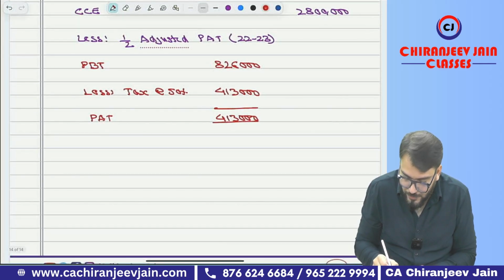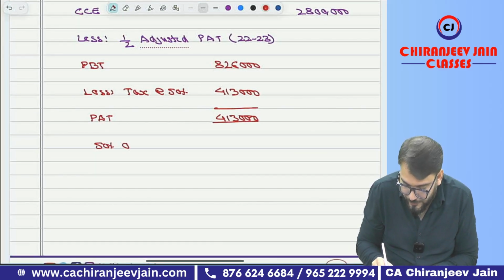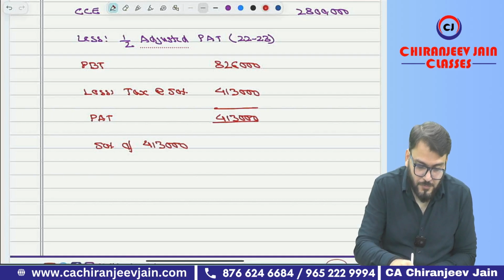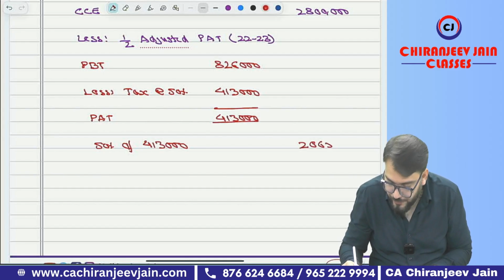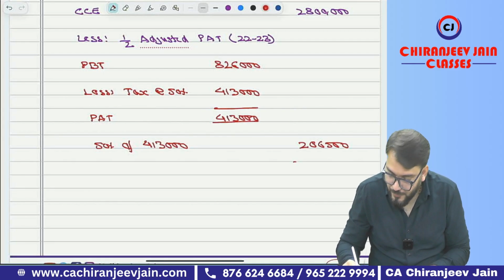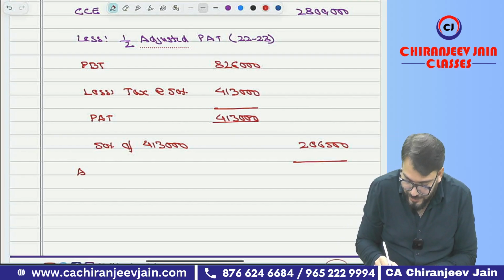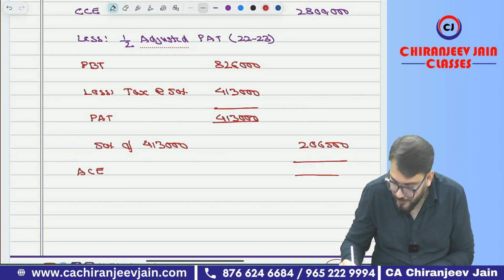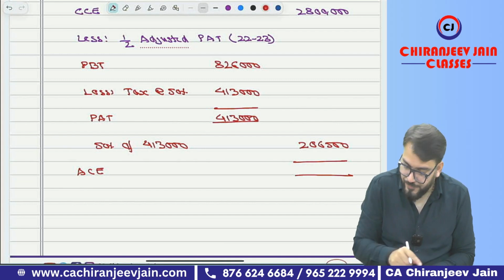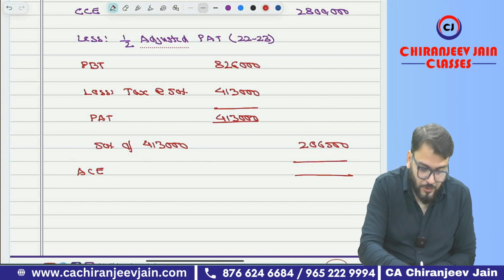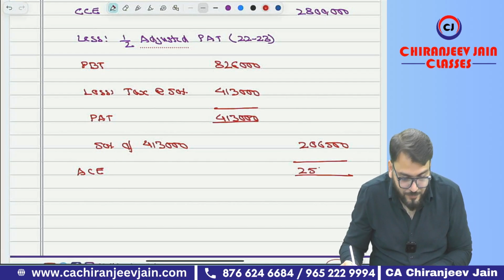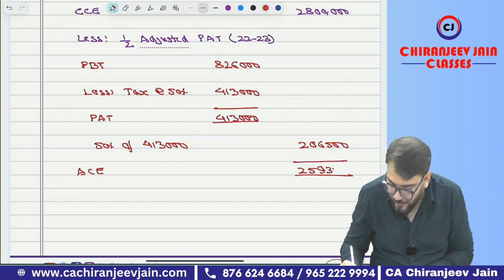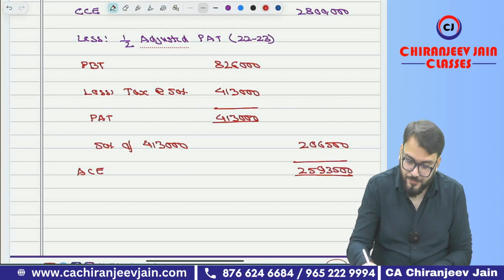4,13,000. Then we'll take 50% of 4,13,000. Correct now? 50%. That will come 2,06,500. So this will become average capital employed. So minus, we'll do 28 lakh, that is 25,93,500.